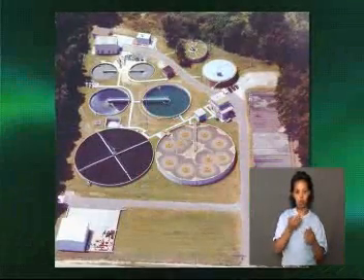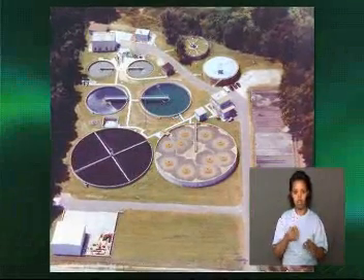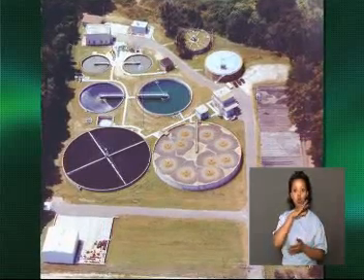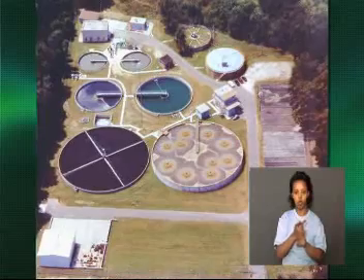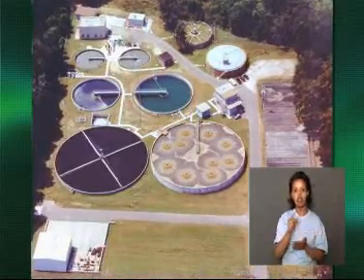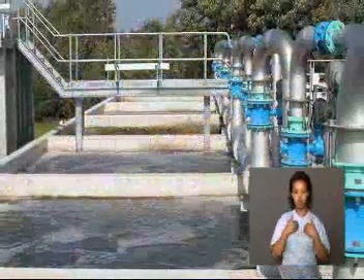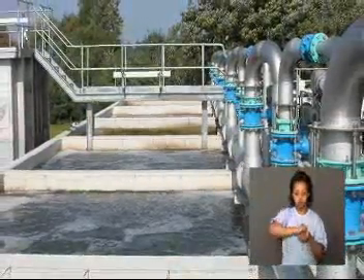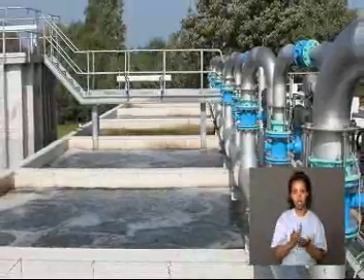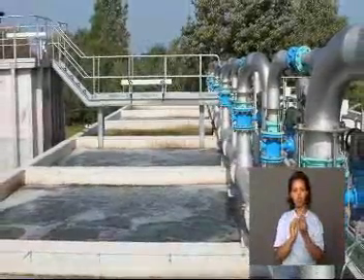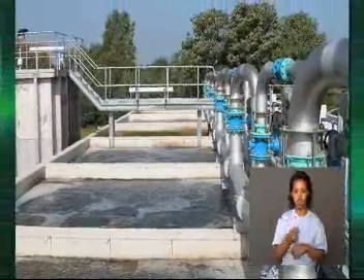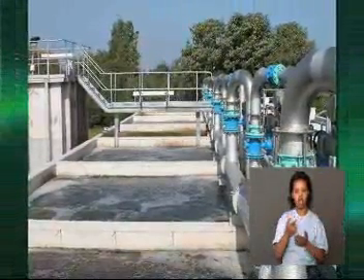This breakdown can effectively be controlled by managing the sewage and wastewater and by encouraging microorganisms to digest the organic matter. All sewage treatment relies on the action of microorganisms to oxidize the organic material present.